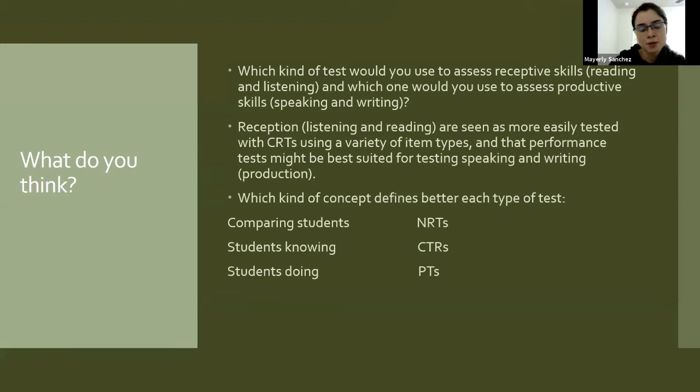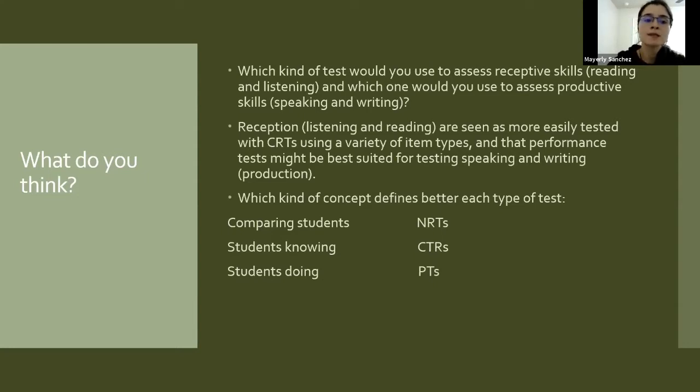So here, I'm going to show you the answer. You already know. If you want to write your answer in the message box, in the chat box, it would be great. But well, in the meantime, I'm going to tell you for timing reasons. So receptive skills, that is listening and reading, are seen as more easily tested with CRTs using a variety of item types.